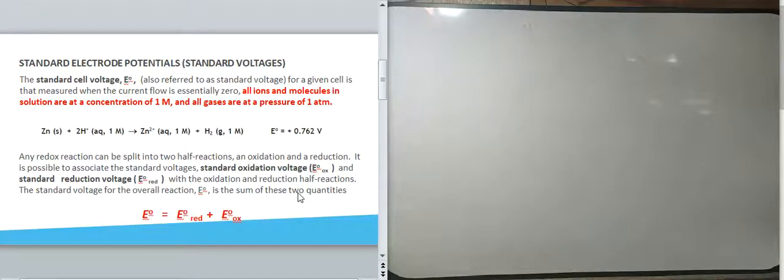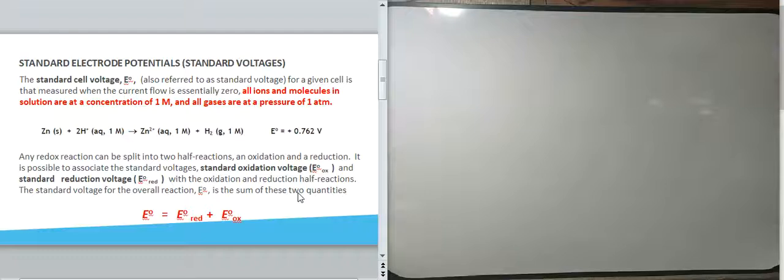The driving force behind the spontaneous reaction in a voltaic cell is measured by the cell voltage, which is an intensive property. So it is independent of the number of electrons passing through the number of cells. And cell voltage depends on the nature of the redox reaction and the concentration of the species involved.